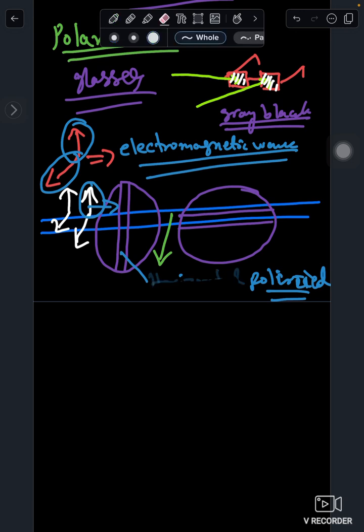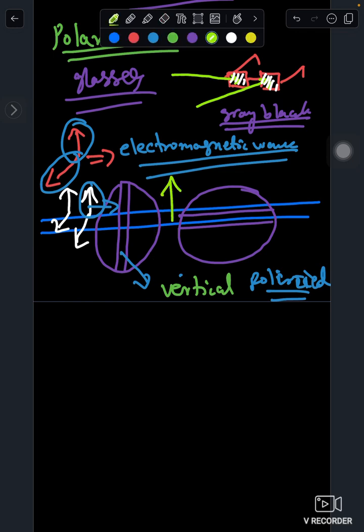This is the vertical, not horizontal. So only the horizontal will now be seen, or rather the vertical will be stopped. Sorry, it's the opposite. Only the upper ones will be seen. Since they are horizontal, they won't be able to cross.